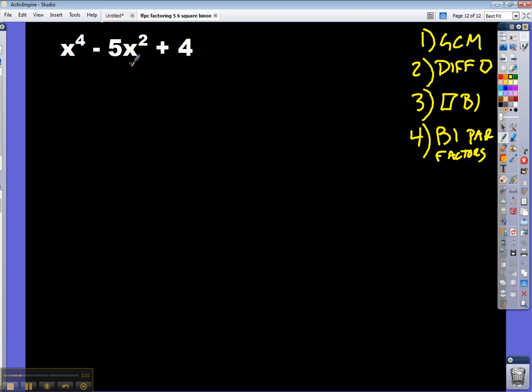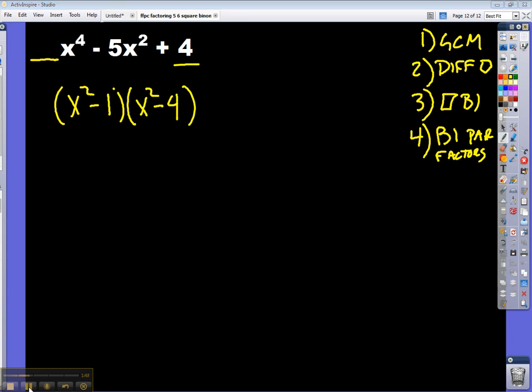So right now, I would like you to figure out what this factors to by finding a pair of factors. And I'll tell you right now that it is not prime, so you don't have to worry about that. This can be factored. So what does this factor to? Bridget? Opening parentheses, x squared minus 1, closing parentheses, opening parentheses, x squared minus 4, closing parentheses.